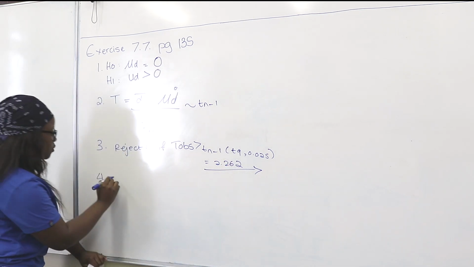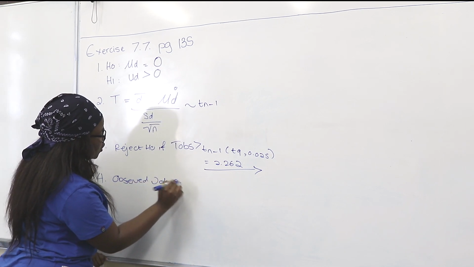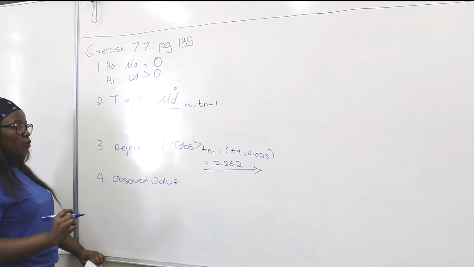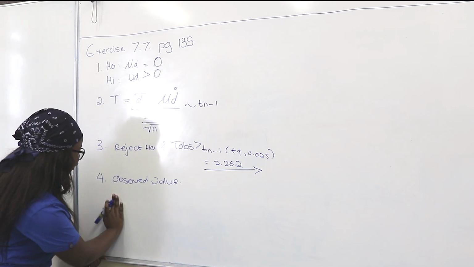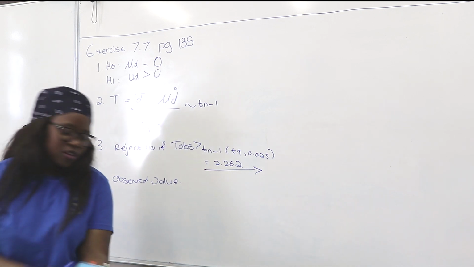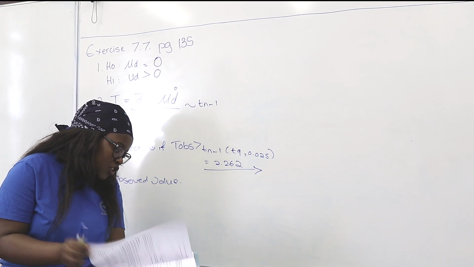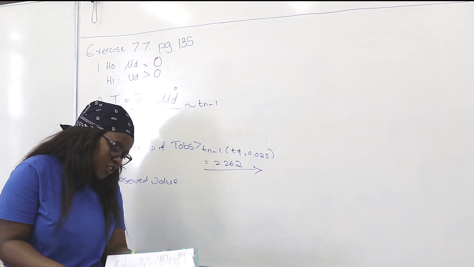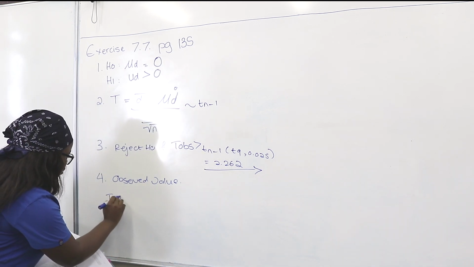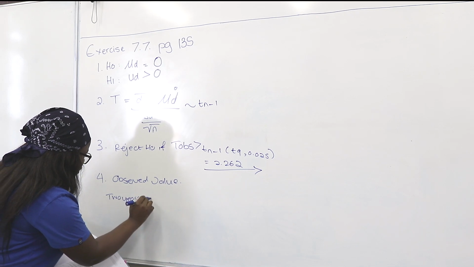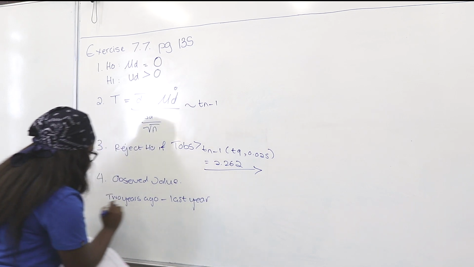And so then to calculate your observed value, first, what you're gonna do is subtract. Let me get my book, page 135. You get your DI values here, and these you're gonna have to get by yourself given the data that you've been given. So 2 years ago and last year. So what I did was said 2 years ago minus last year to get your DI values.